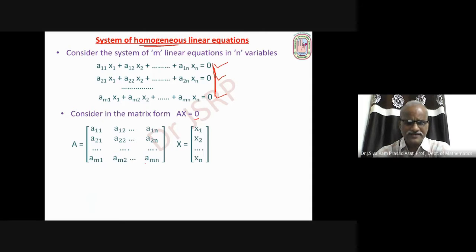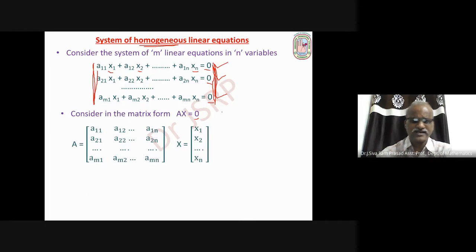Okay, right. Now how do we solve this system of homogeneous linear equations? Observe that on the right side we have all zeros. So for each system we have a solution which is the trivial solution or zero solution. If you take x1 equals 0, x2 equals 0 and so on xn equals 0, then that set of values will satisfy all the constraints, since the right side is 0.